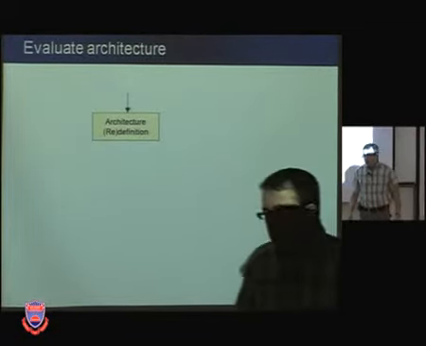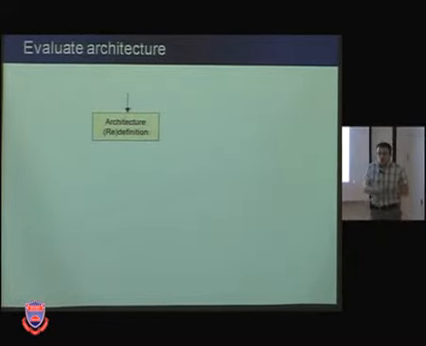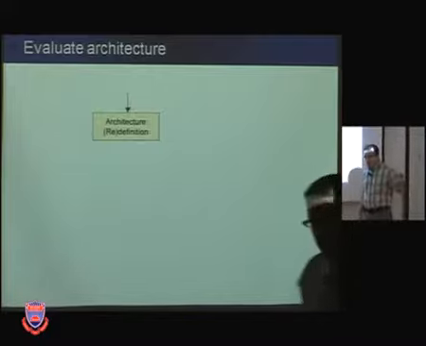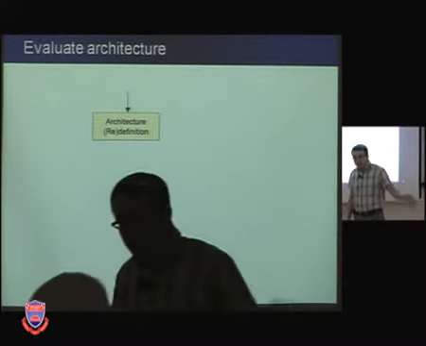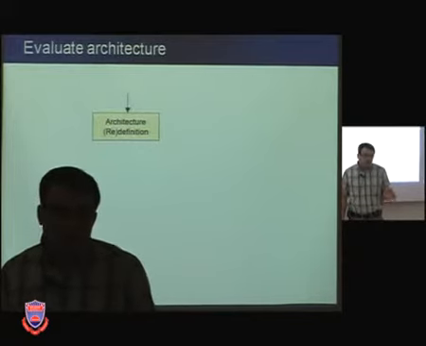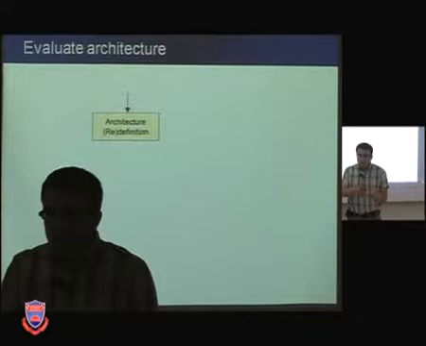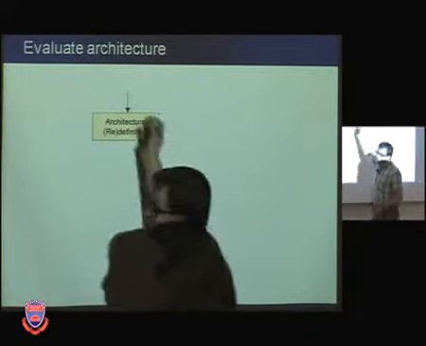So how to evaluate the architecture? So we have architecture definition through the whole process: stakeholder identification, requirements, problem analysis, domain analysis, domain modeling. We apply patterns. We apply views, architecture views. That's this whole process.